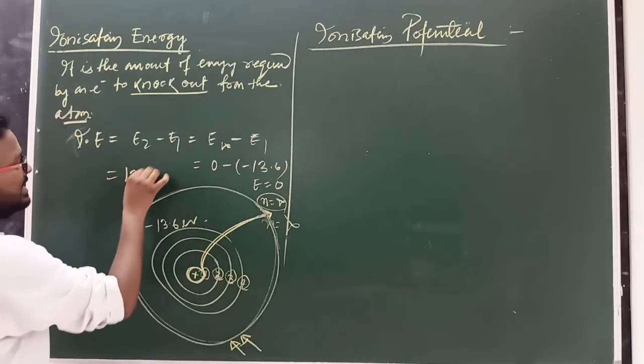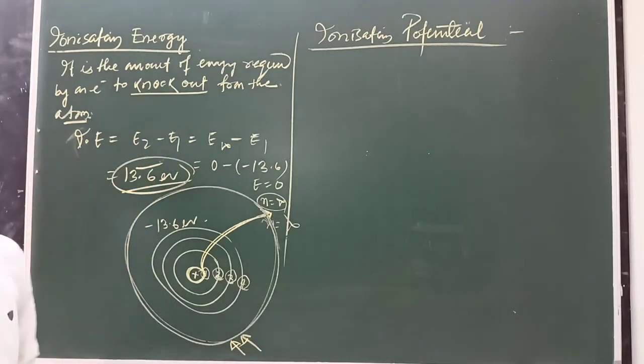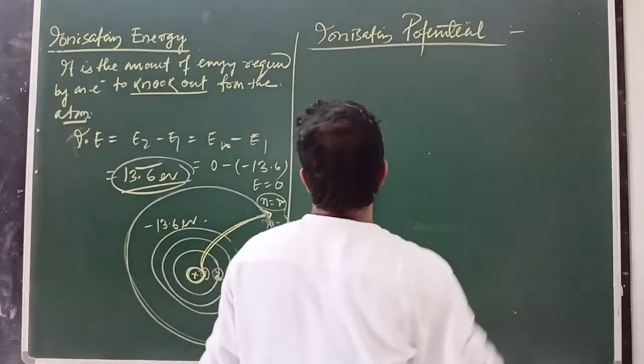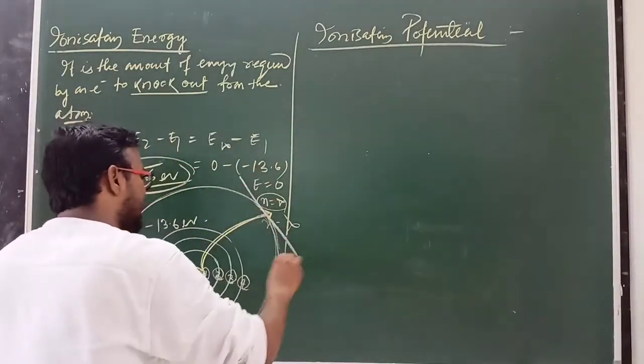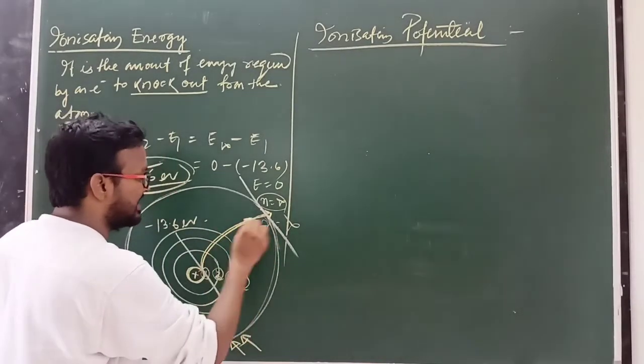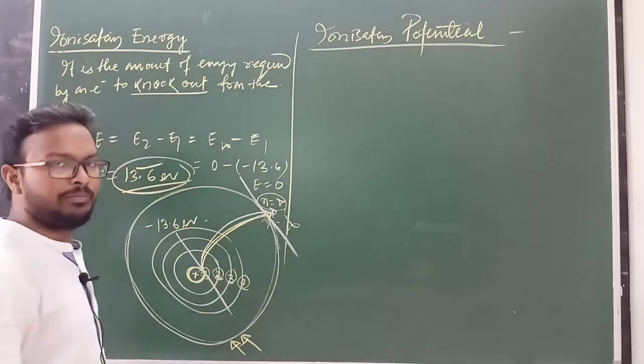So finally we get 13.6 electron volt as the ionization energy in the hydrogen atom. Clear? What is ionization potential? Same thing: there is a potential difference, so that the electron accelerates through this potential difference and is knocked out from the atom.